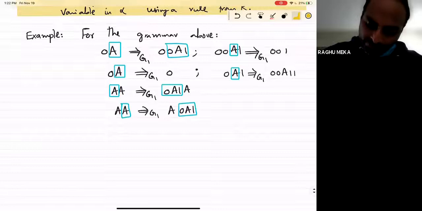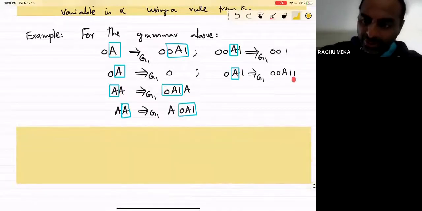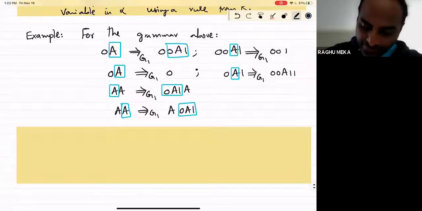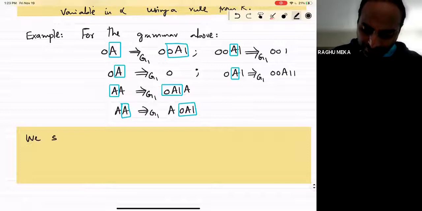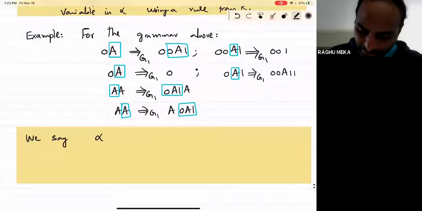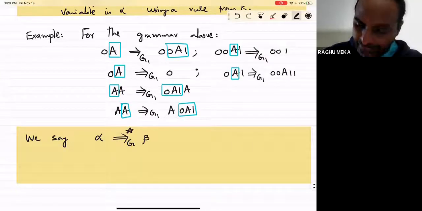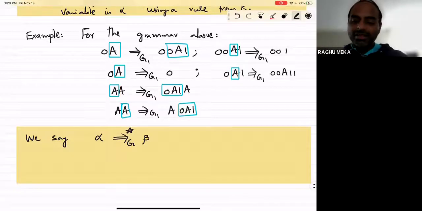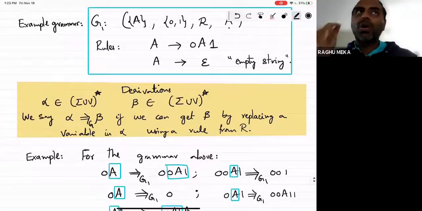So this leads us to the more extended notion of derivations, where we say: if I have a grammar G, then the single implication is applying one rule.